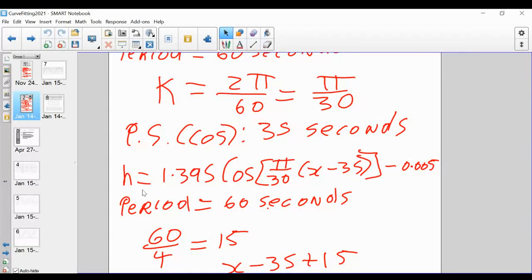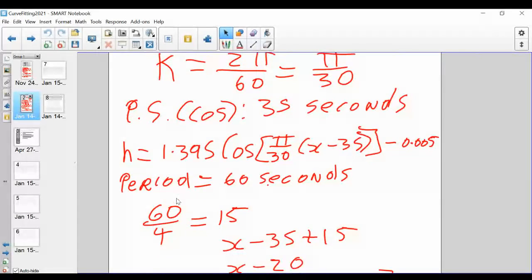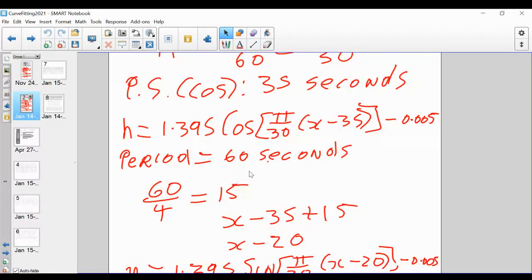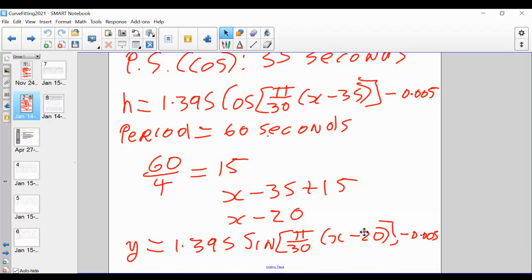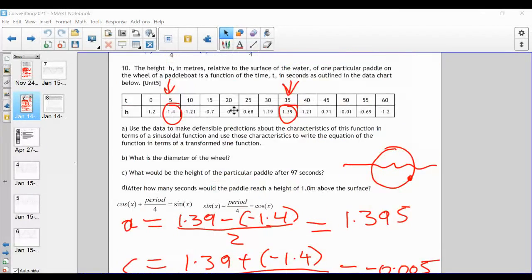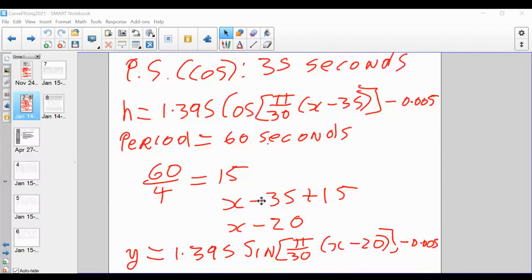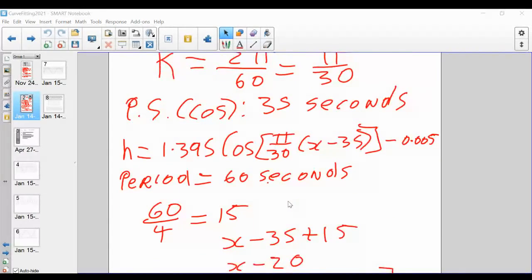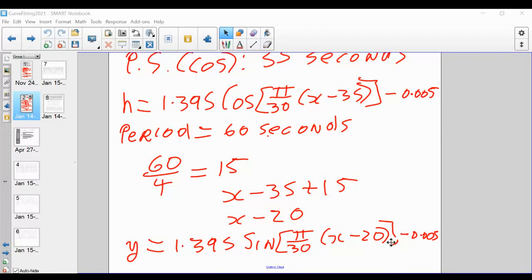And we also said that because it's a cosine function, it could be changed into a sine function by taking a quarter of the period of 60 seconds, dividing it by 4, and adding that onto this phase shift, and that will give us a sine function phase shift. So we can use either of these two equations to generate this table of values. I could right now put any of the x values from this table in and get something pretty close to the y value.